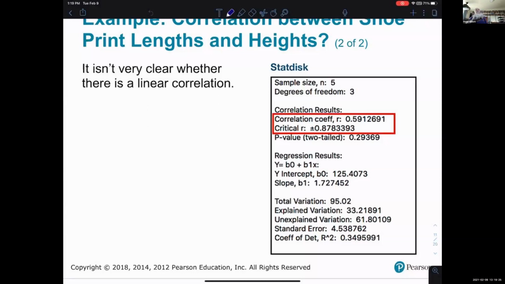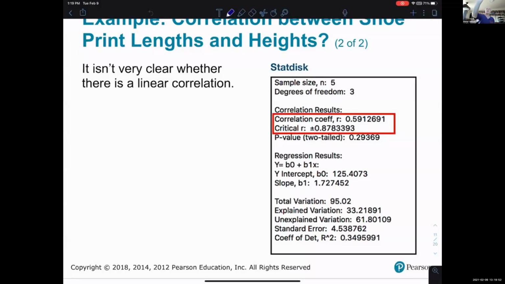What that means is that there's a 30% chance that you could get that 60% R coefficient by random chance, by randomly picking 5 points, even if there was no linear correlation at all. You just by chance happen to pick points that seem to have a possibility of a linear correlation.